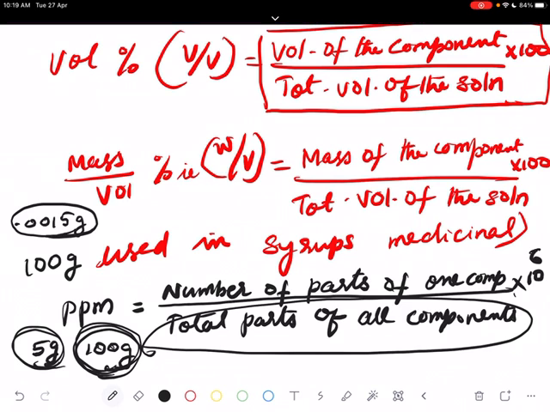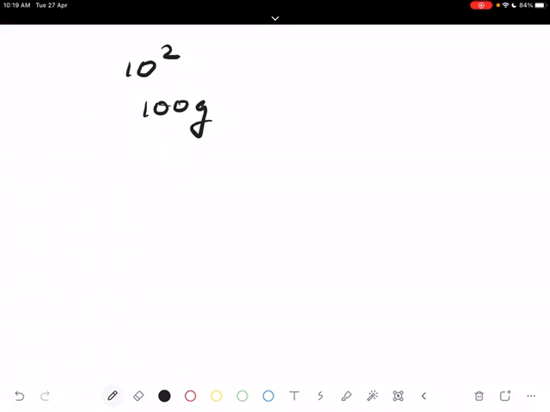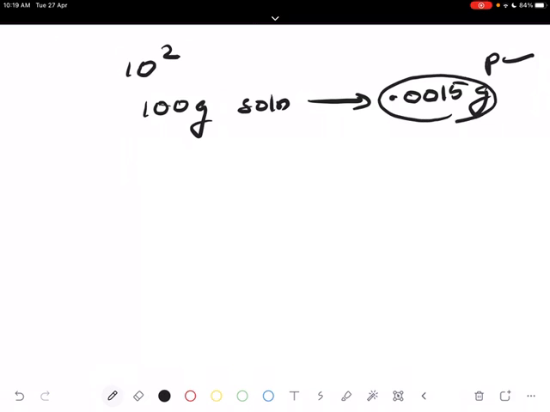So we are telling in 10 to the power 6 gram of the air how much pollutant is present. Then this number will be a bigger number in 10 to the power 6. In 100 gram of solution, 0.0015 gram of the pollutant is present, but this much means nobody cares about that pollutant.